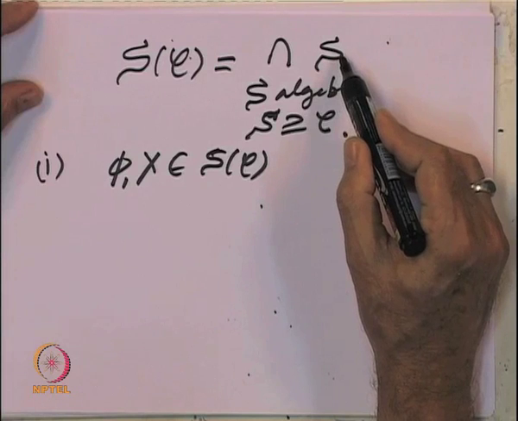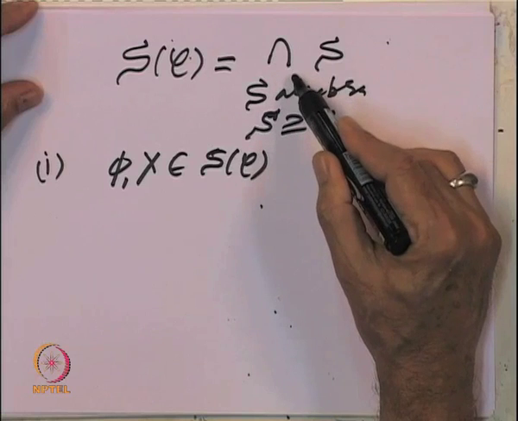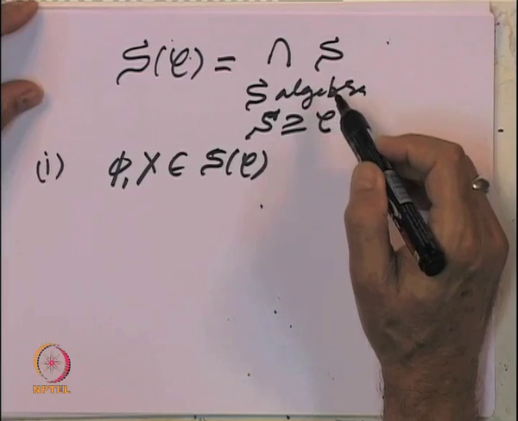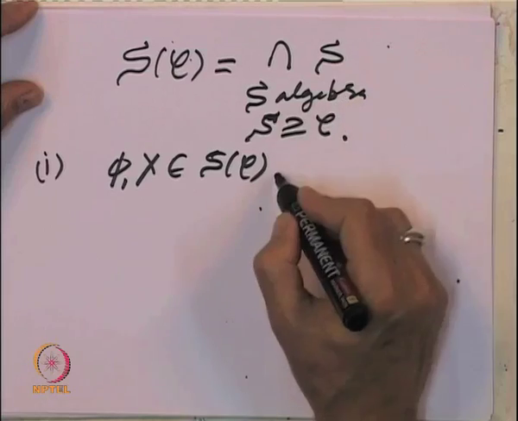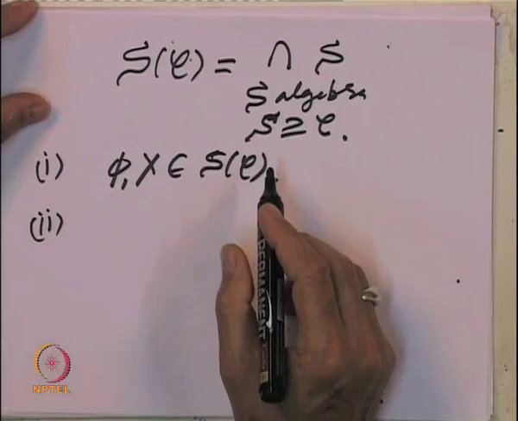Every element S in this collection whose intersection we are taking has that property, so the intersection also will have that property. That is an obvious property, like we observed in the case of the algebra generated.